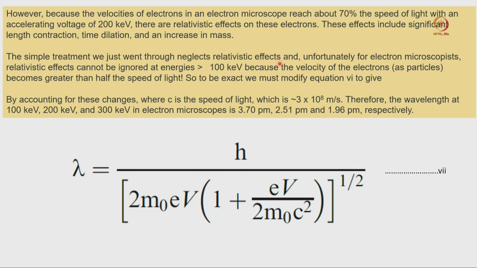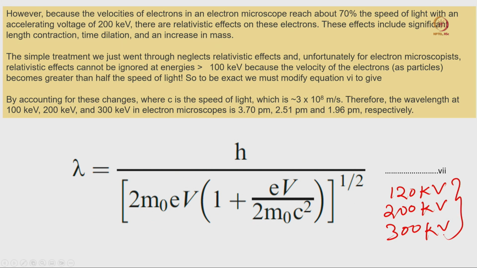And voltage means, you always remember that most of the time in electron microscope there are 3 different types of voltage we are talking about, that is 120 kilovolt microscope, then 200 kilovolt microscope, and 300 kilovolt microscope. This is called the high tension.